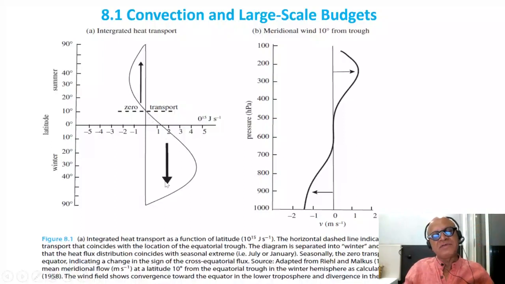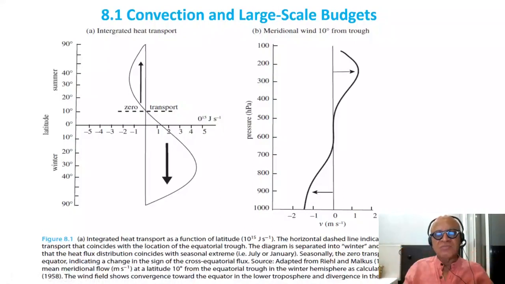Especially in the winter hemisphere, you can see there is much larger heat transport, in terms of 10 to the 15 joules per second, and there is lesser northward heat transport here. So you have a divergence around the equatorial trough, which is essentially our ITCZ, not saying whether we have averaged and so on.